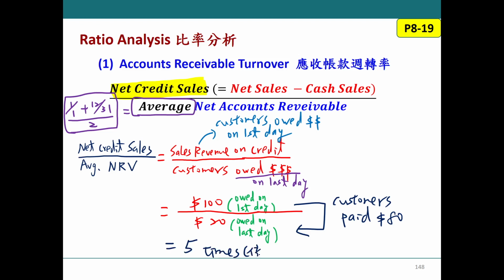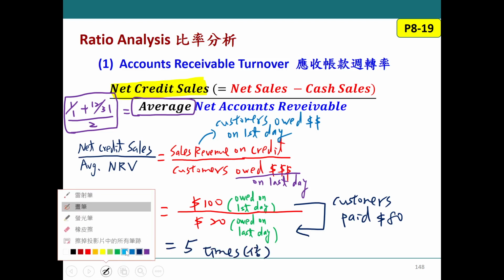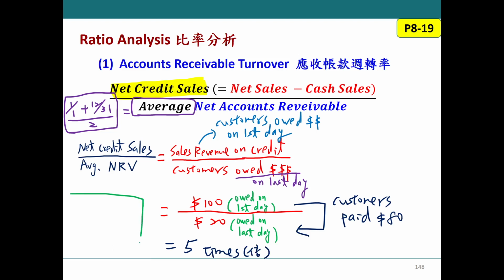If in another case it is 10 times, which one is better, higher or lower? Higher.